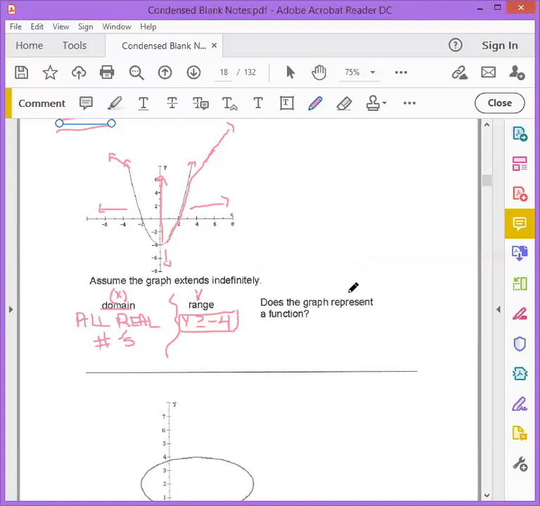Does this graph represent a function? To determine if this graph represents a function, we're going to draw vertical lines. We're going to perform a test called the vertical line test.